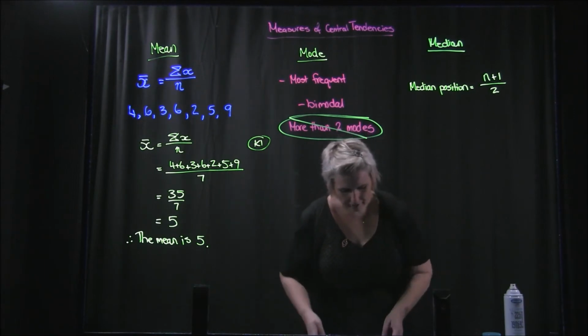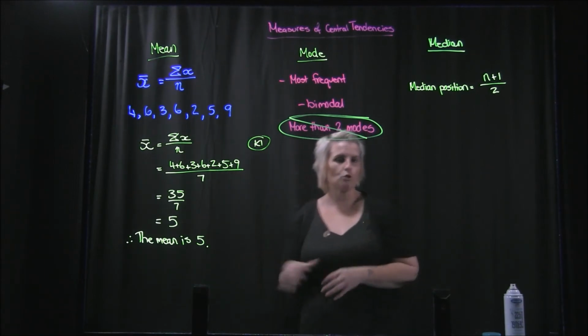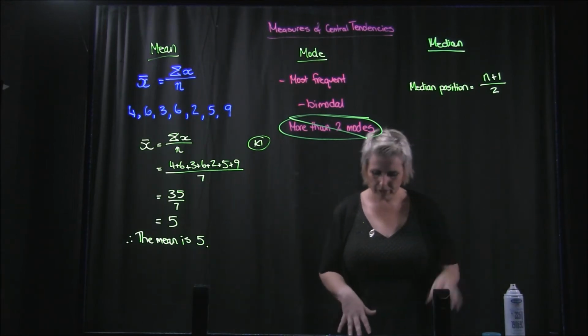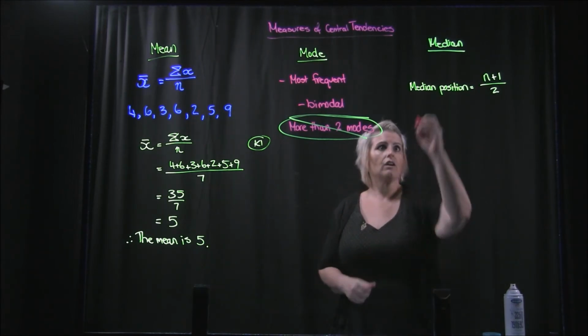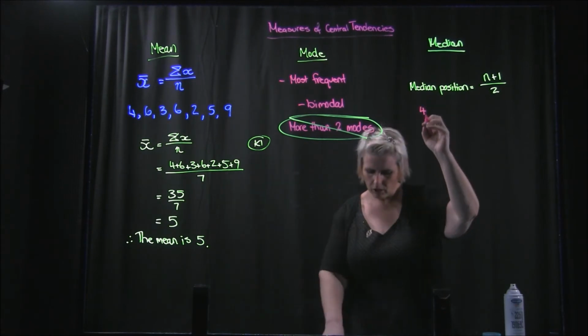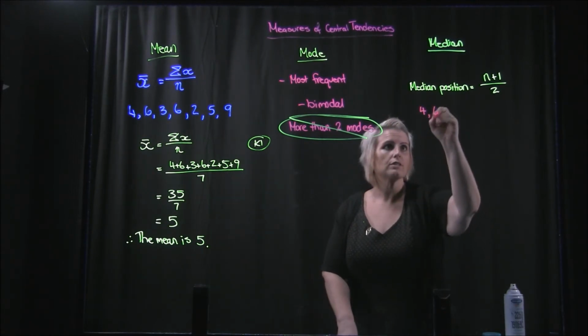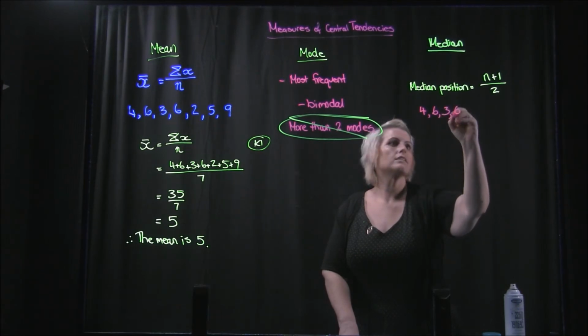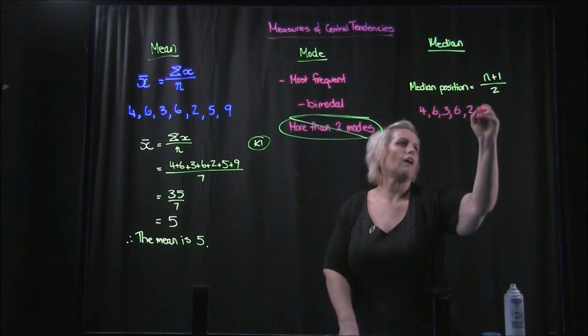The other thing to remember is that for the median, you have to put the data set in ascending order. Okay, so if I get my data set, I've got 4, 6, 3, 6, 2, 5, and 9.